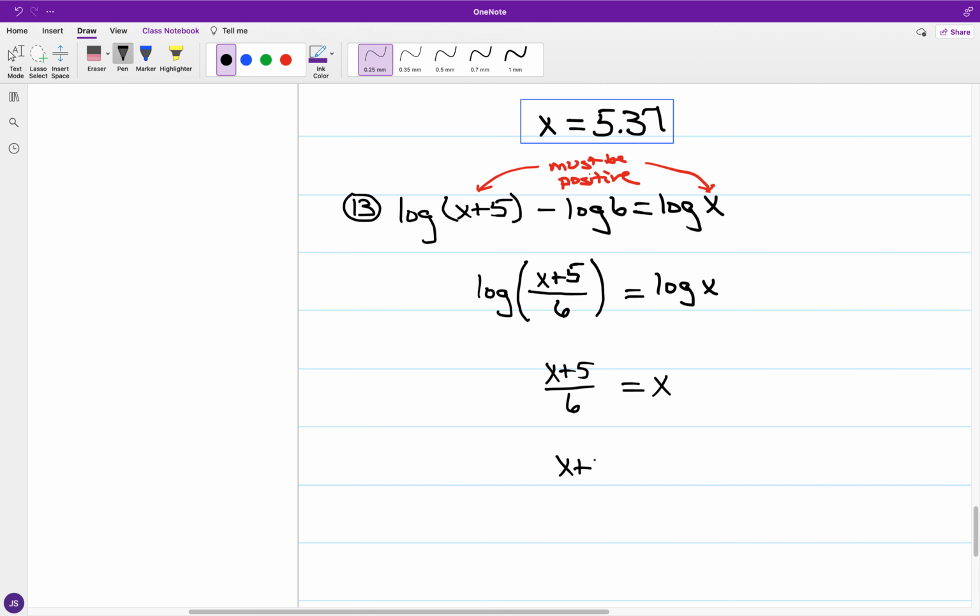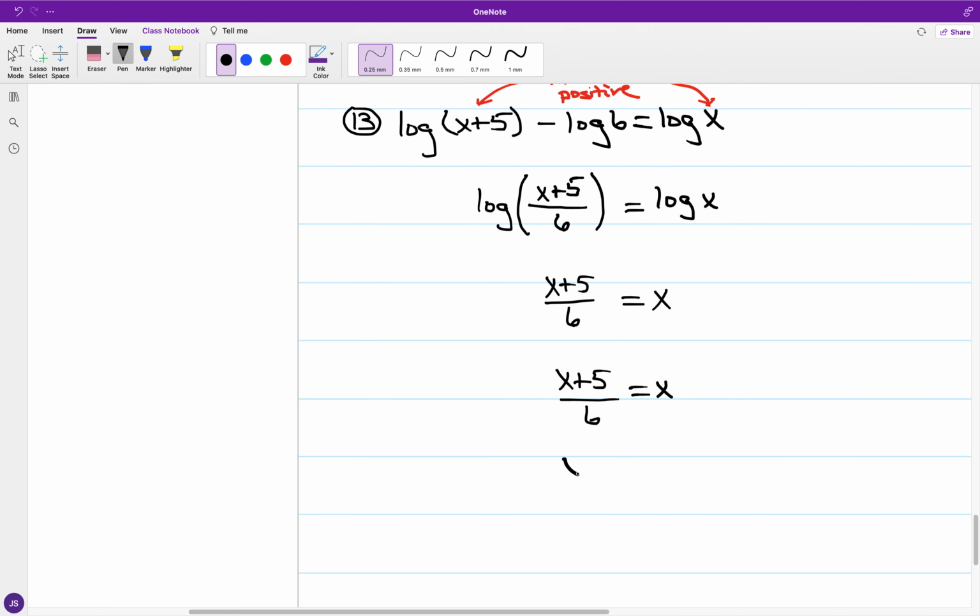Okay, so for x plus 5 over 6 equal to x, if I multiply both sides of the equation by 6, we have x plus 5 is equal to 6x.